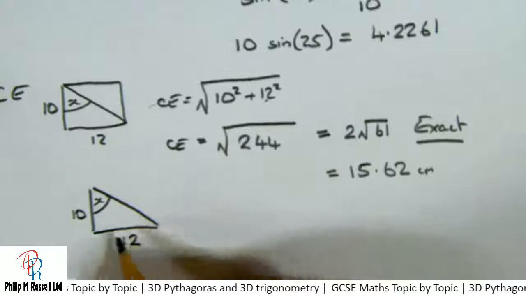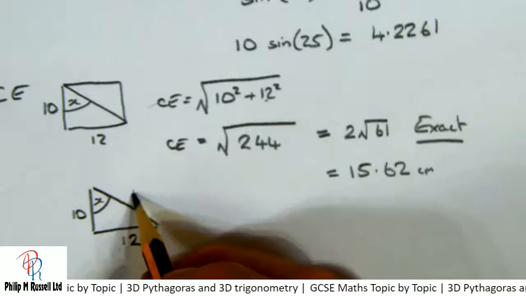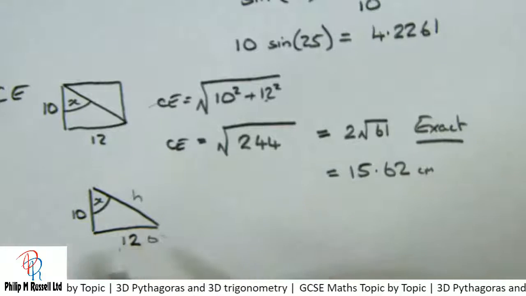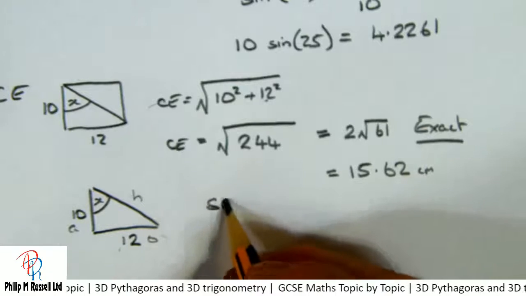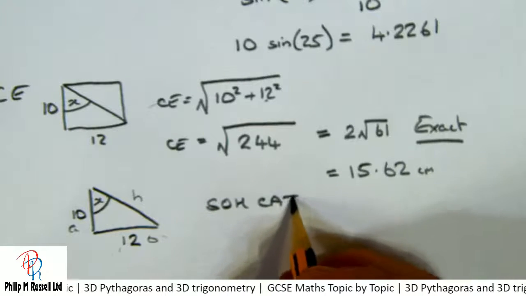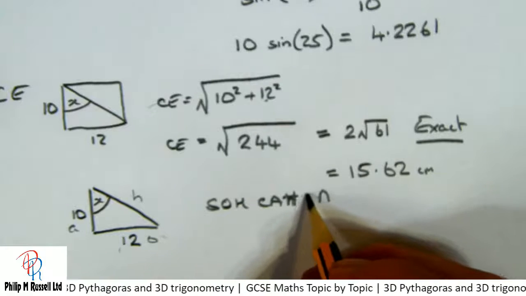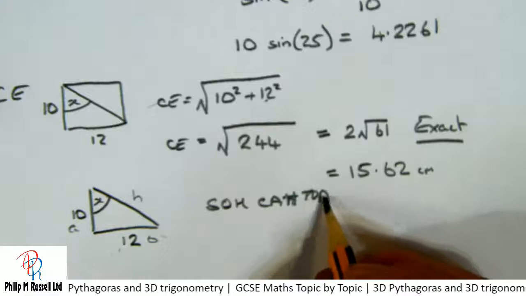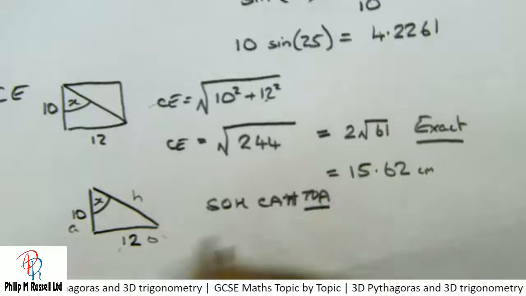Let's do it very quickly. So I've got my hypotenuse, I've got my opposite, I've got my adjacent. This is going to be from SOHCAHTOA. We're doing well, TOA. So this is going to be our tan.